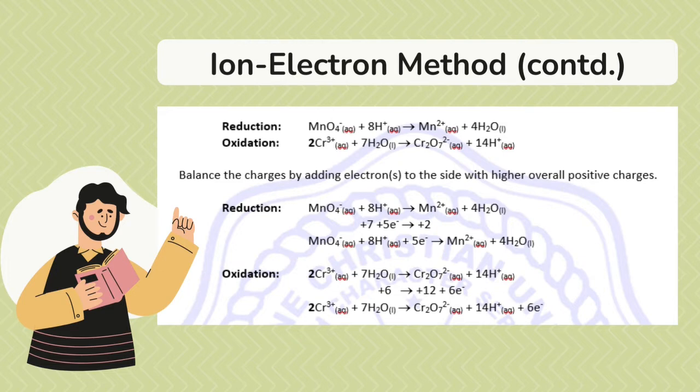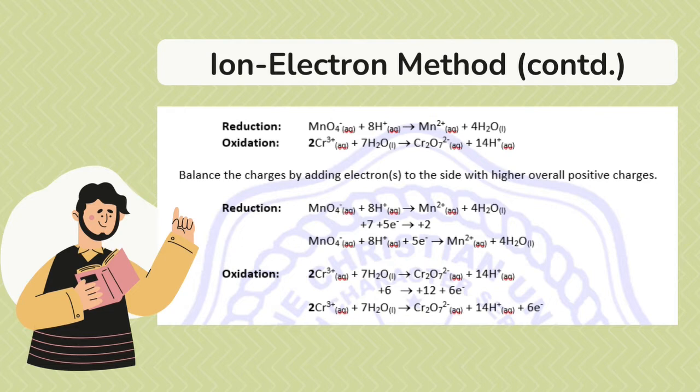To balance out the hydrogen from H2O, 8 moles of hydrogen ions were added to the left side. A similar procedure was done to the oxidation half reaction, except that a coefficient of 2 was placed on Cr3+ to balance Cr2O7 2-.